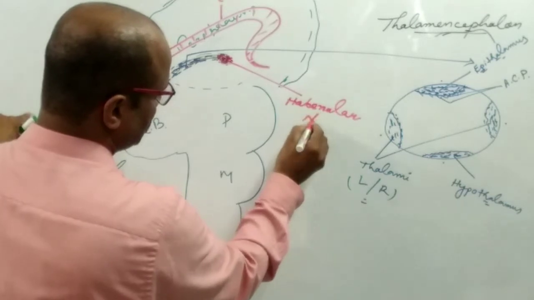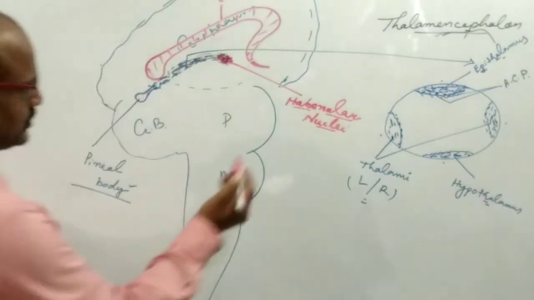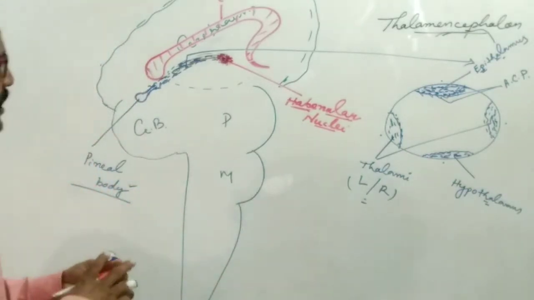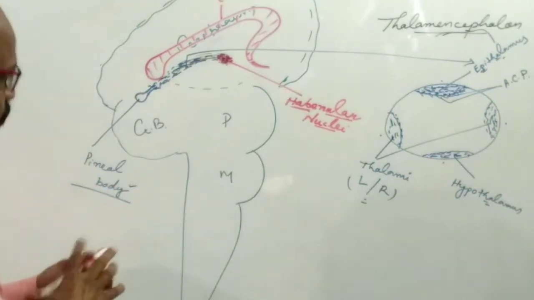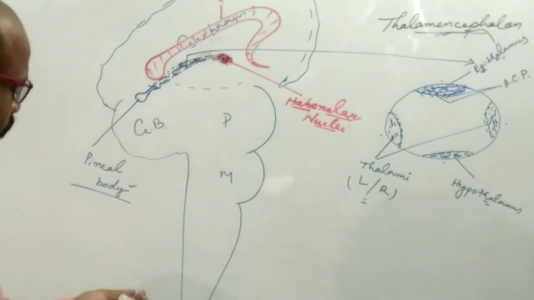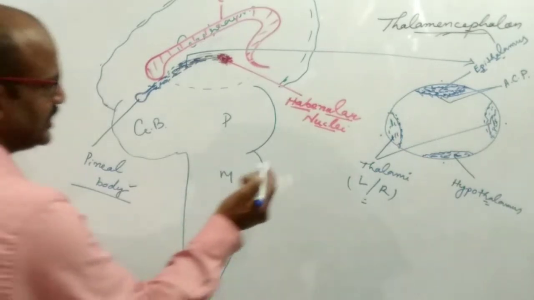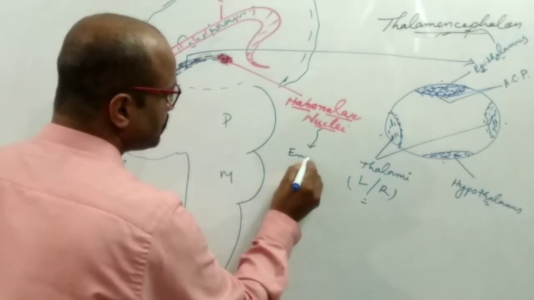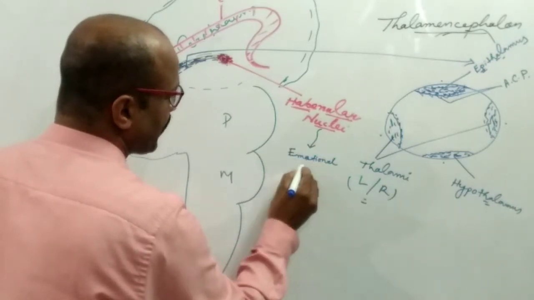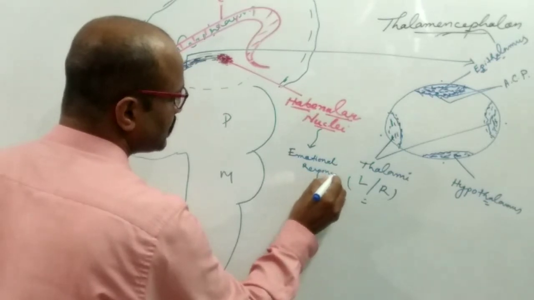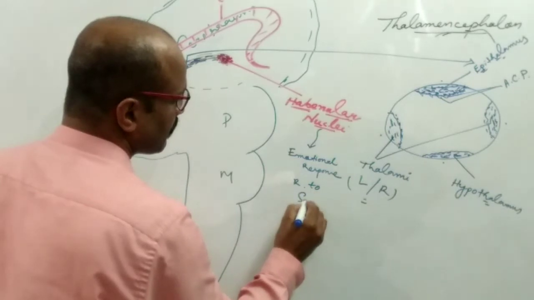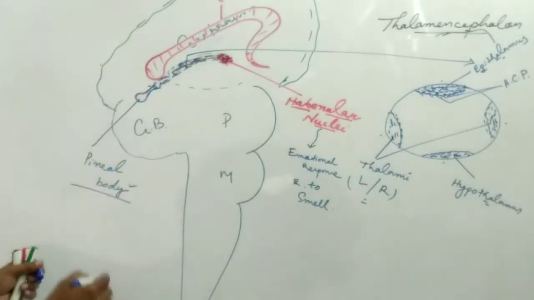Such habenular nuclei control the emotional response related to smell. So this is the epithalamus.